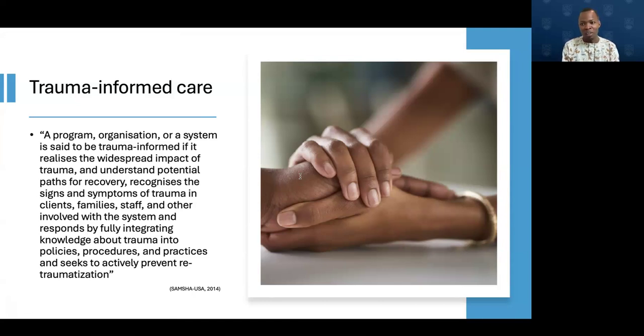According to this body, a program, organization, or system is said to be trauma-informed if it realizes the widespread impact of trauma and understands the potential paths for recovery, recognizes the signs and symptoms of trauma in clients, family, staff, and others involved in the system, and responds by fully integrating knowledge about trauma into policies, procedures, and practices, and seeks to actively prevent re-traumatization.